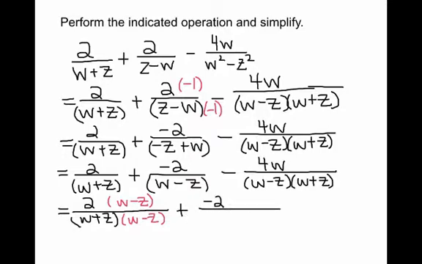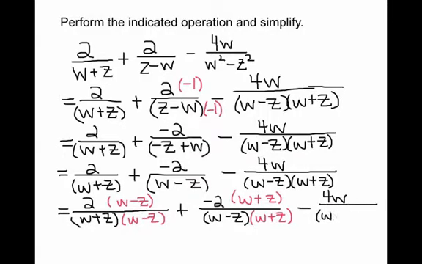The numerator and the denominator of the second fraction are going to need to be multiplied by w plus z. The third fraction already has the common denominator, so we'll just need to rewrite that one.